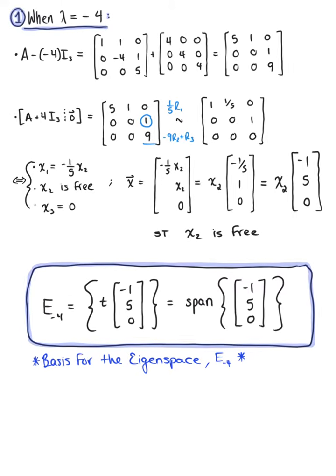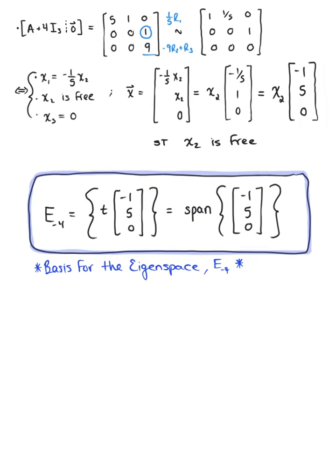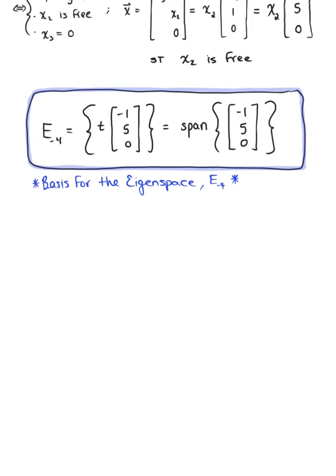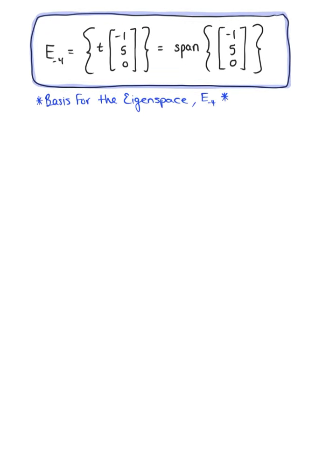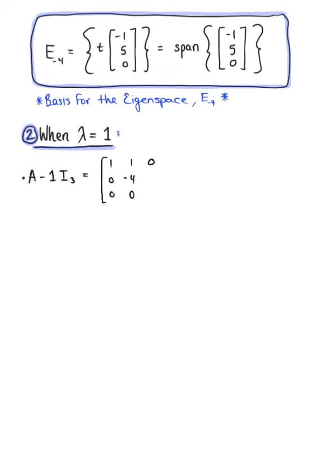So now that we officially have a basis for the eigenspace E sub negative 4, we are ready to move on to case 2, when lambda is equal to 1. So we are looking for the null space of the matrix A minus 1 times that 3 by 3 identity matrix. So our given matrix A is 1, 0, 0, 1, minus 4, 0, 0, 1, 5.